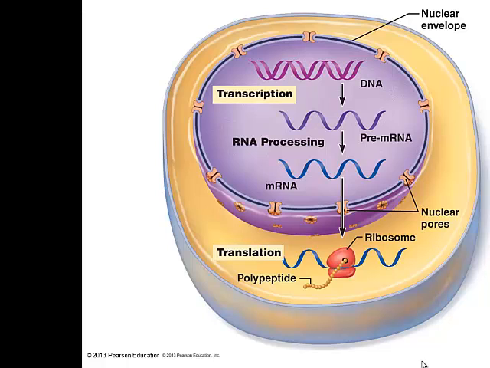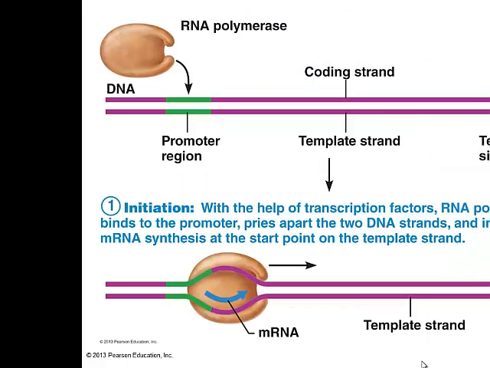RNA has nucleotides, just like DNA did, right? Except what's different about RNA? Yeah, we have a different nitrogenous base, uracil, and it has a different what? Different sugar. But those little RNA nucleotides are floating around the nucleus too. When I want to make a copy of the information from DNA, I have to unzip it. So if you look on page 103, we see enzymes that are going to help unzip the genetic material and read the code.